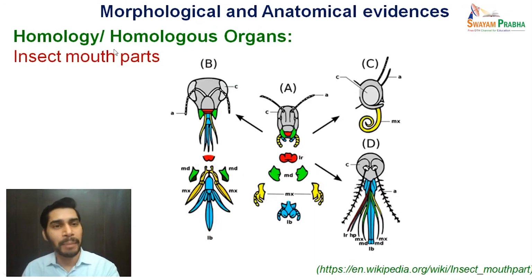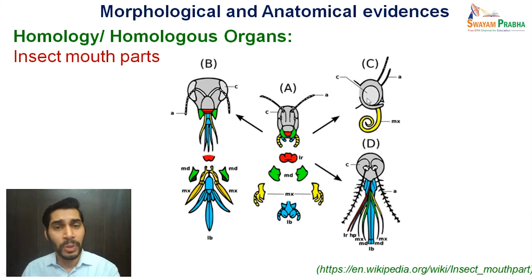Yet another example is coming from the mouth parts of various insects. Here A represents a primitive type of mouth parts which is of chewing type, present in different insects like grasshoppers. It evolved to different mouth parts which we see in different insects nowadays. This might be the lapping type in case of bees. These might be the siphoning type in case of butterflies, or it can be the sucking type as present in case of mosquitoes.